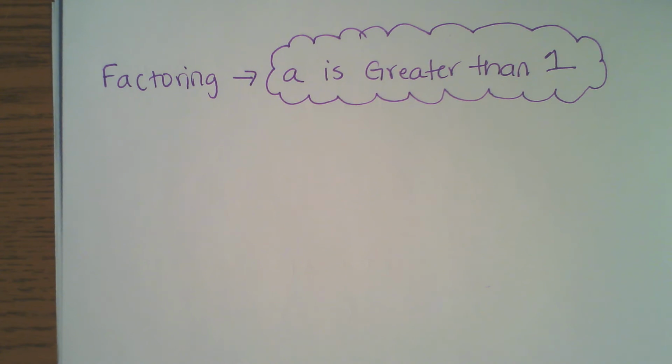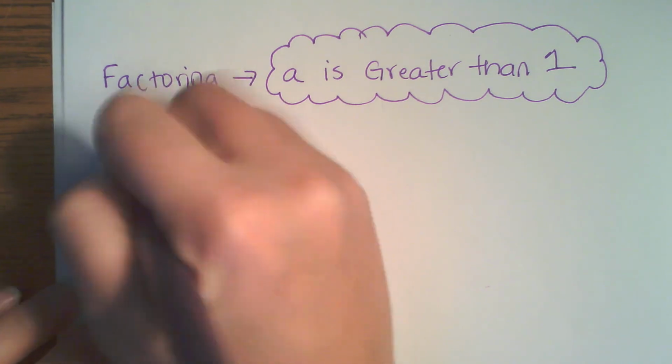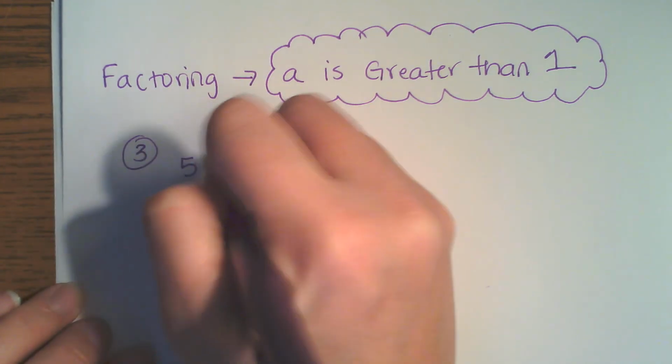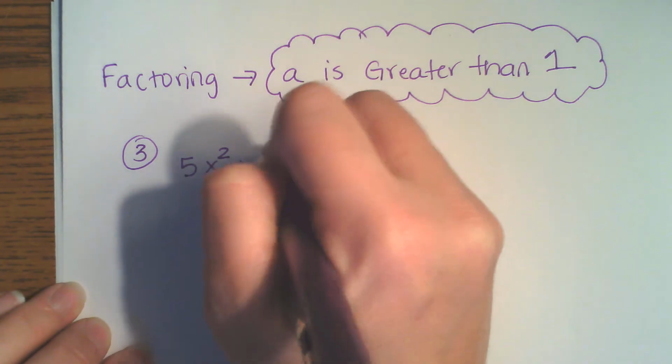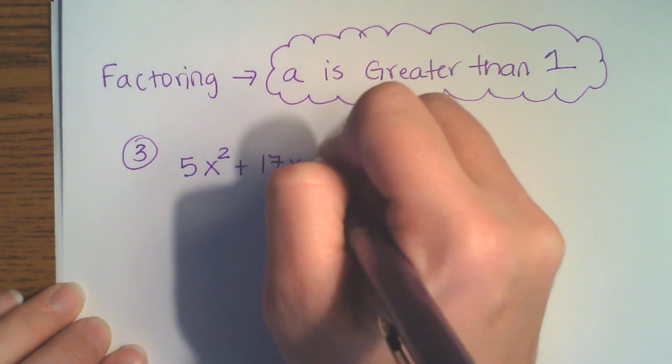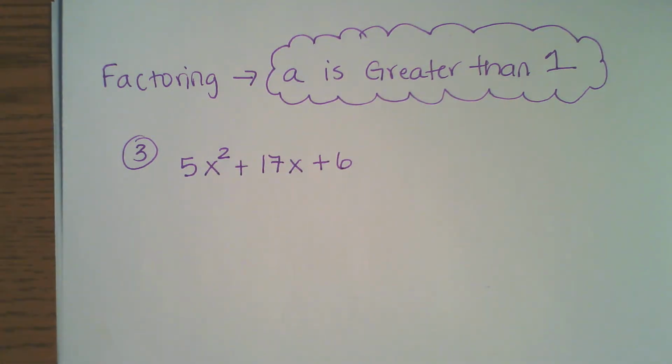When a is greater than 1, it's going to cause us to have a couple of extra steps in the process. All right. 5x squared plus 17x plus 6.